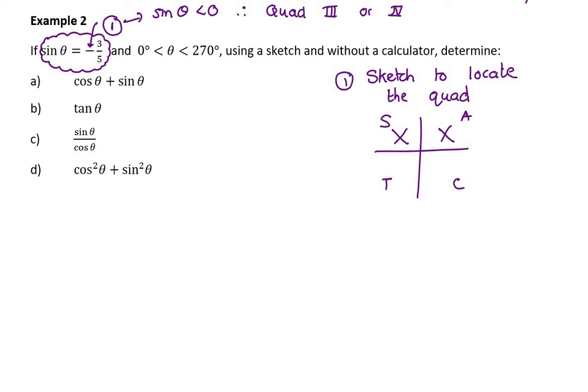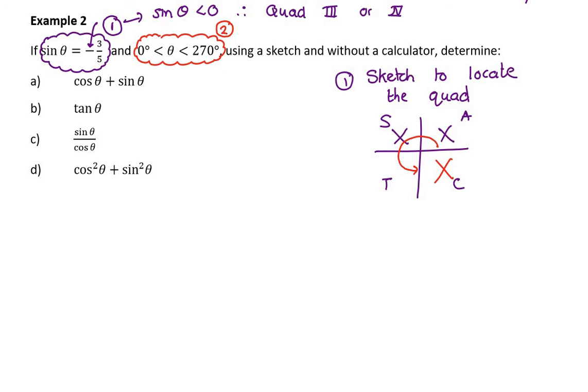So I have to be talking about 3 or 4. Now the second bit of information they give you, because as you would have seen from our previous video when we were trying to isolate what quadrant we were talking about, you needed 2 sets of information to work out which quadrant you were in. So information number 2 says from 0 to 270, which is from there all the way around to there, which means quadrant number 4 is out.